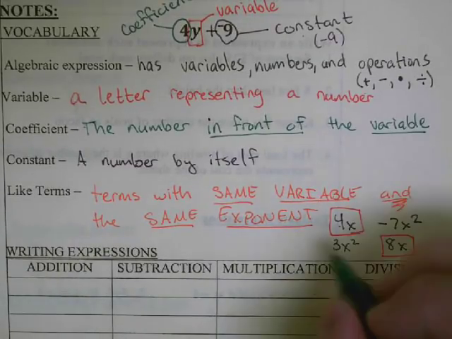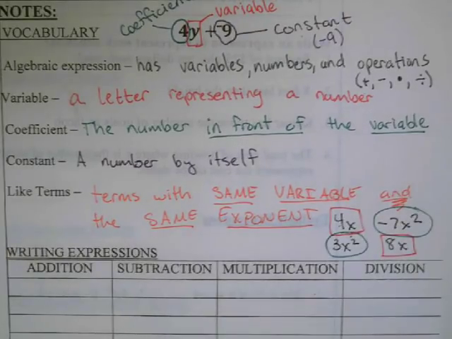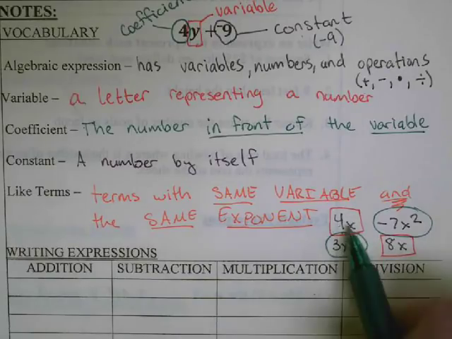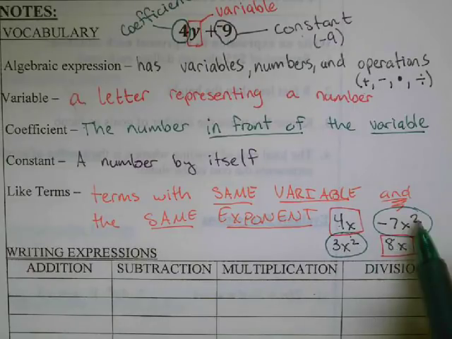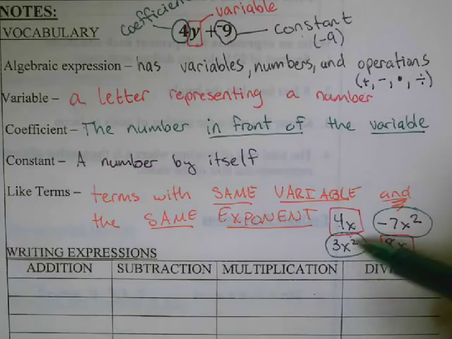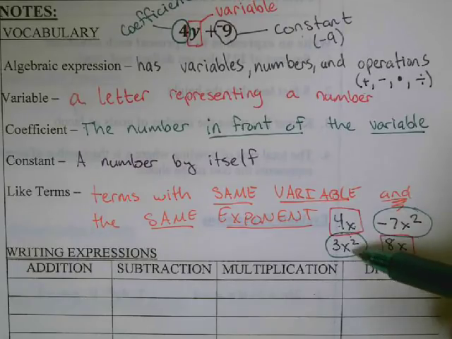And the 3x squared is the same as negative 7x squared. So these are like terms because they have the same variable and they don't have an exponent. And these are like terms, 3x squared and negative 7x squared, because they have the same variable x, but they have the exponent of 2. So even though we have the same variable x, we also need the same exponent. No exponent, exponent of 2. So these are not like terms.